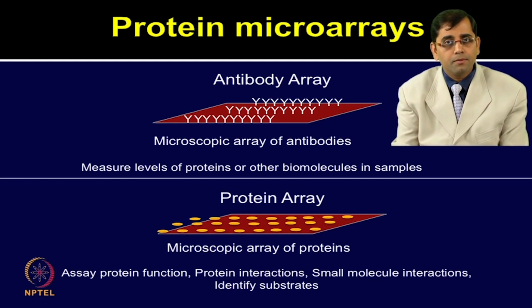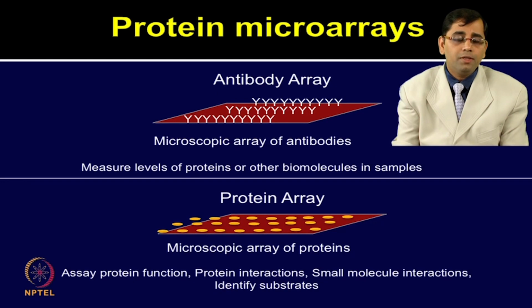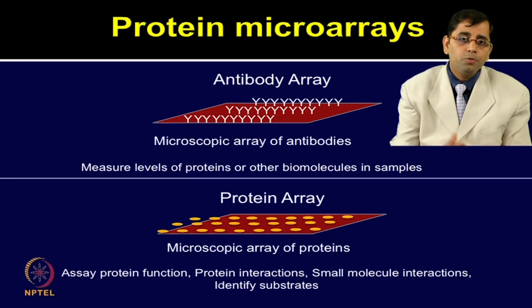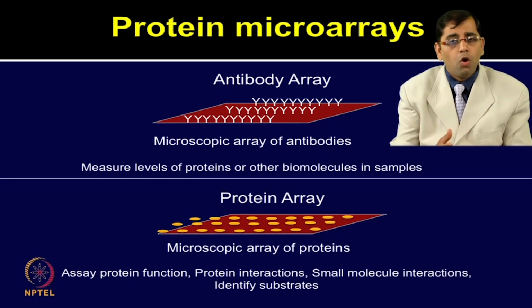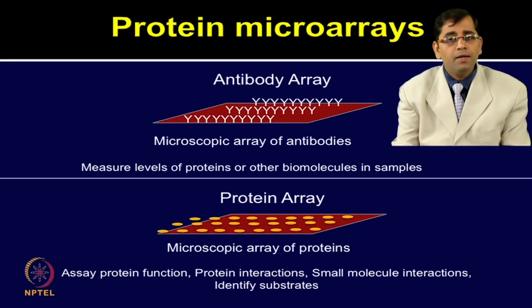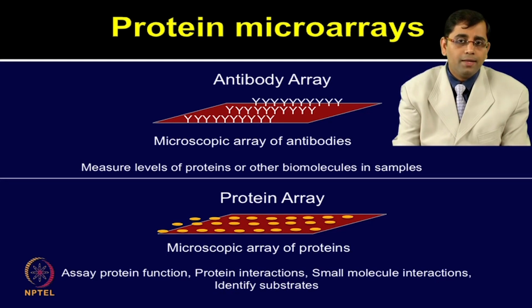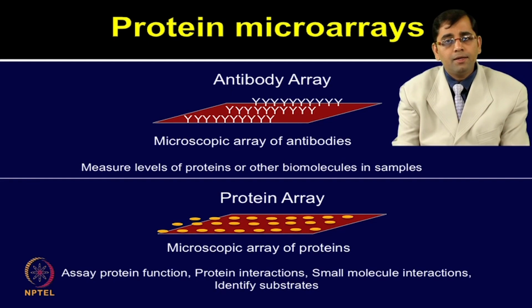For example, comparison of control with test conditions. In antibody arrays, thousands of antibodies are printed on the chip surface, and it can be used to measure proteins or other biomolecules in different samples so as to compare control versus experimental conditions for protein abundance measurement.